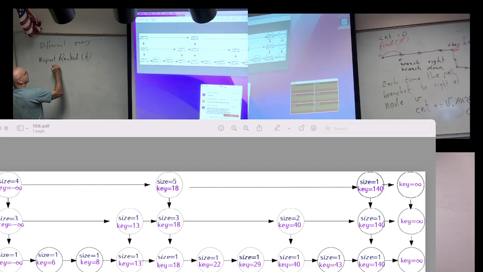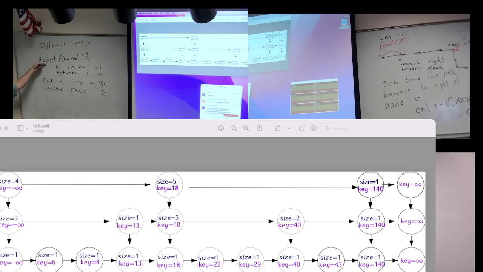Report rank K. K is an integer between 1 and n, and what I ask you is find a key in the skip list whose rank is K. It's just the opposite of what we had before, just a mirror image.